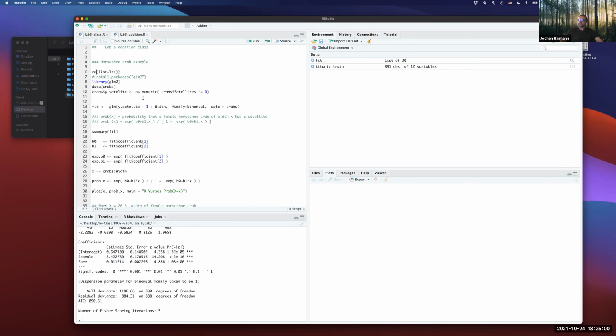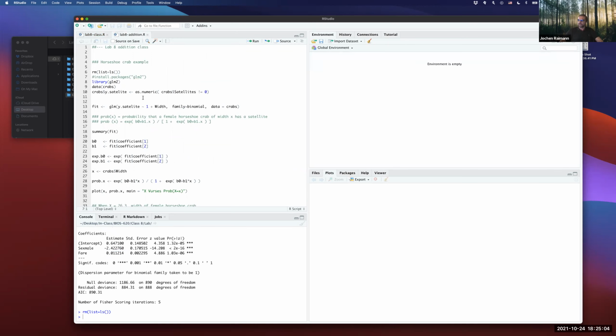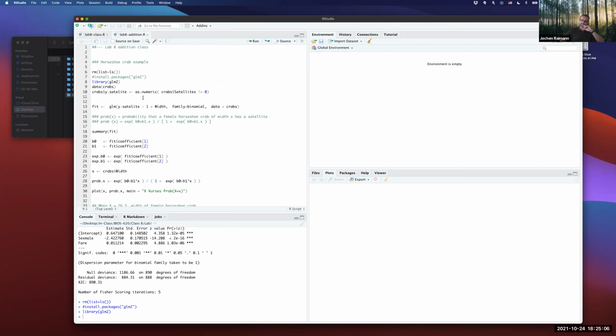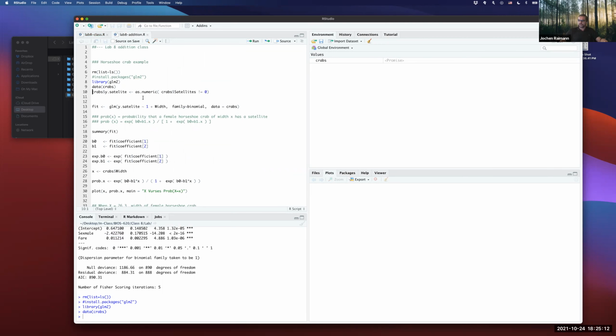So now if we look at the addition class, this is basically library glm2. You can install this, and the code is right there. Data is crabs, so crabs with y and satellite.